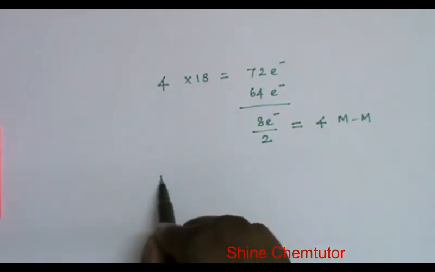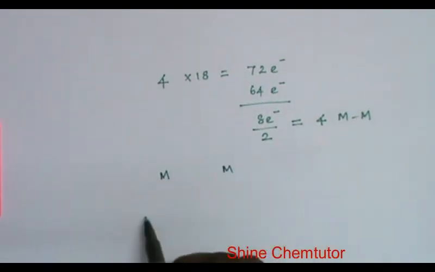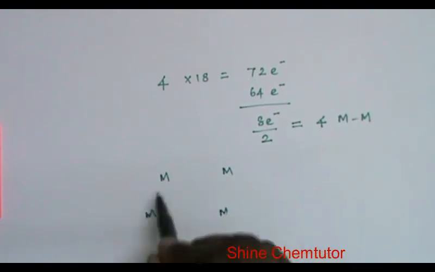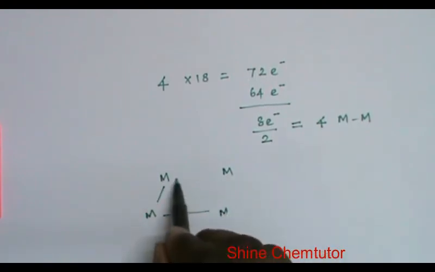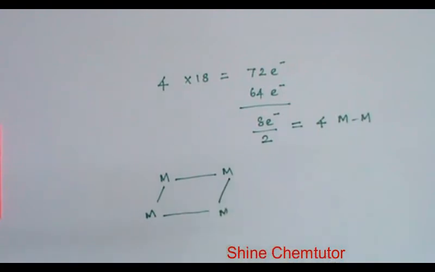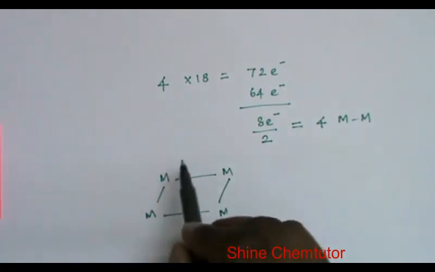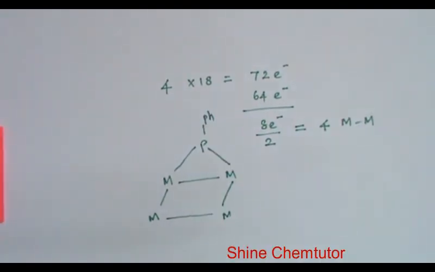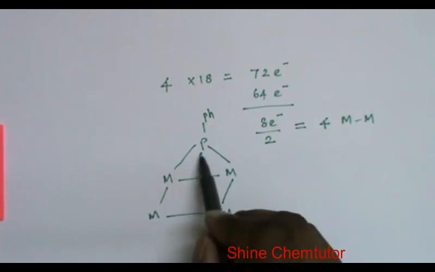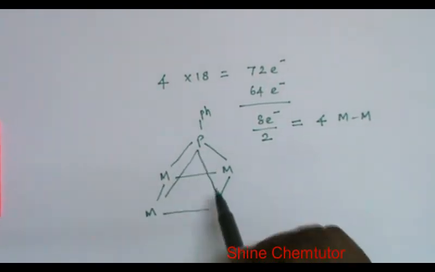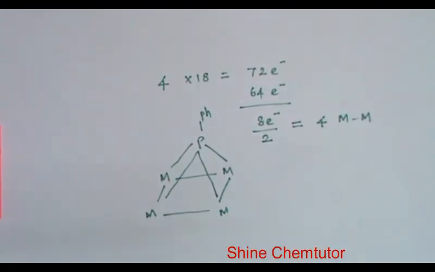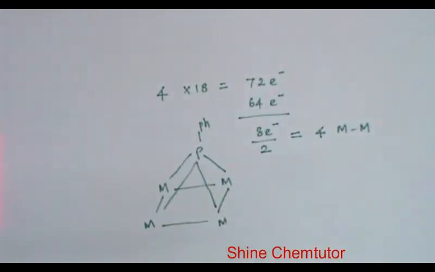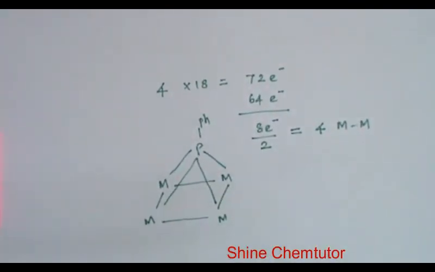That will be something like this. So I have 4 metals at the corners of a square. On the top, I have the phenylphosphine ligand. Further, it will be like this. In this, 2 will be covalent bonds and 2 will be coordination bonds.